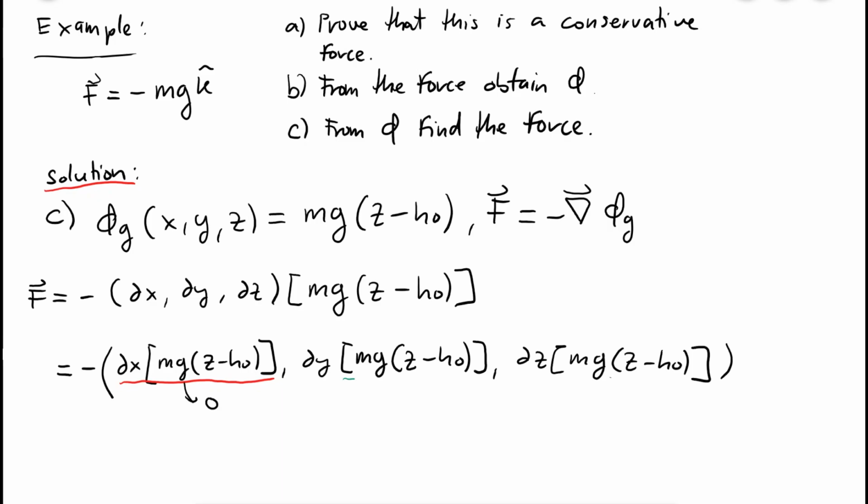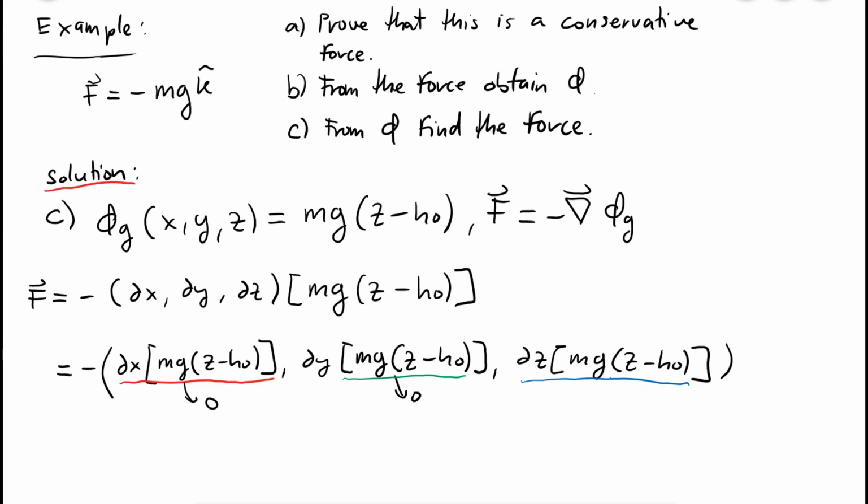Then we go to the y component, and you see that the y component of the force is also 0, since the partial derivative with respect to y of this expression is also going to be 0, since there are no y's. And finally, we must take the partial derivative with respect to z of this component.